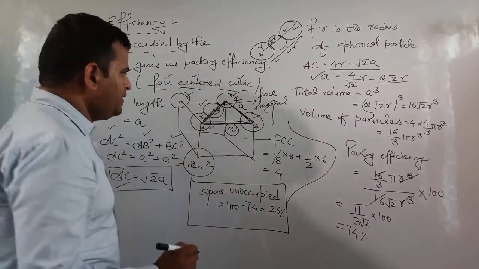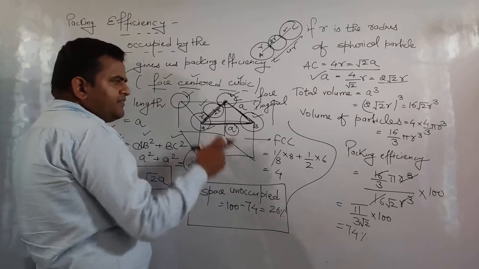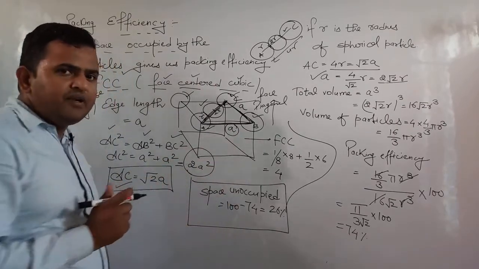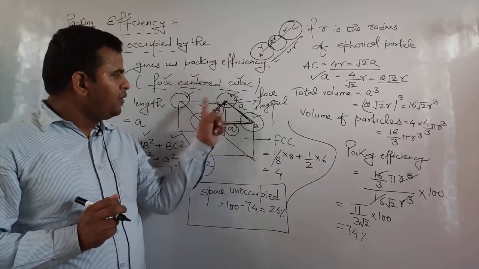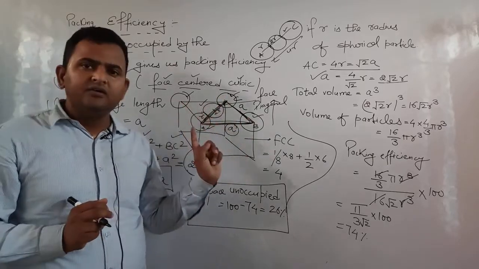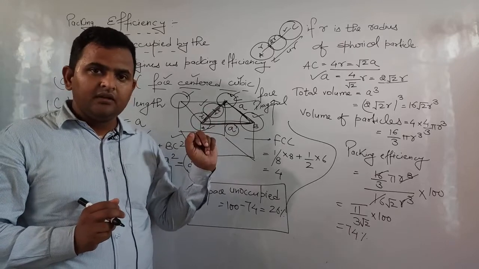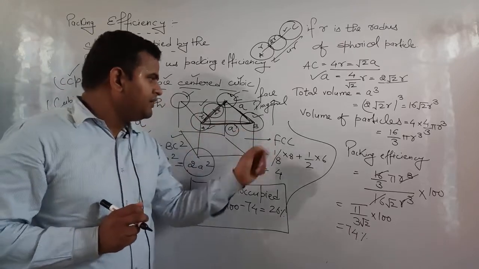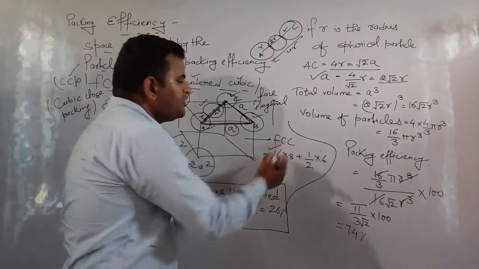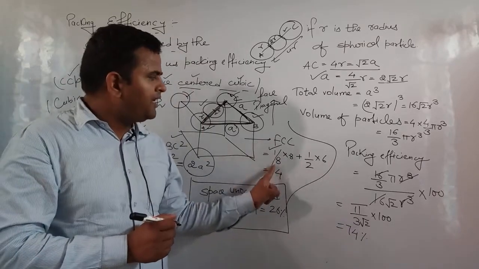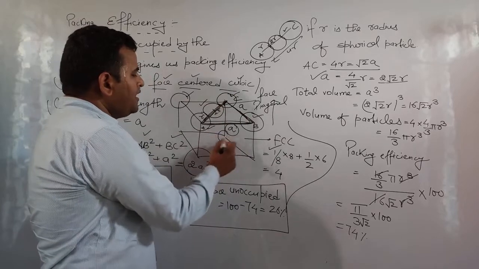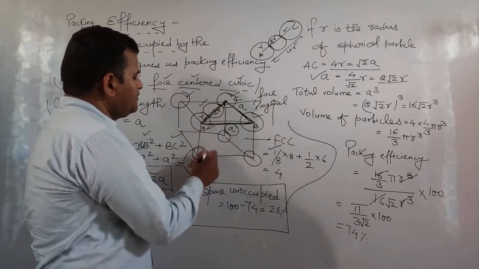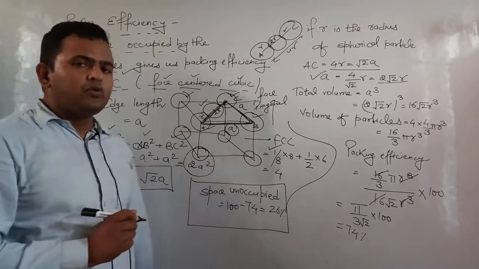Now how can we calculate the number of particles in FCC? We know that the particles are present at the corners and also at the centers of the faces. In FCC the contribution of each corner particle is 1/8, and the total number of corners, as you can see, is 4 corners up and 4 corners down, so a total of 8 corners.